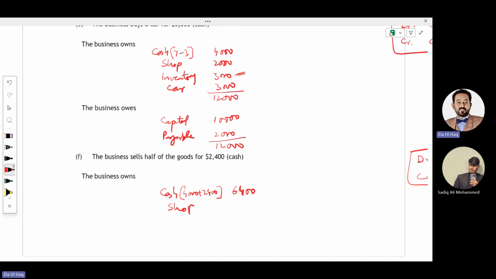The shop will remain the same at 2,000, the car will remain the same at 3,000, but inventory will be half, 1,500, because we sold half. Though we received cash of 2,400, the remaining inventory cost is 1,500.